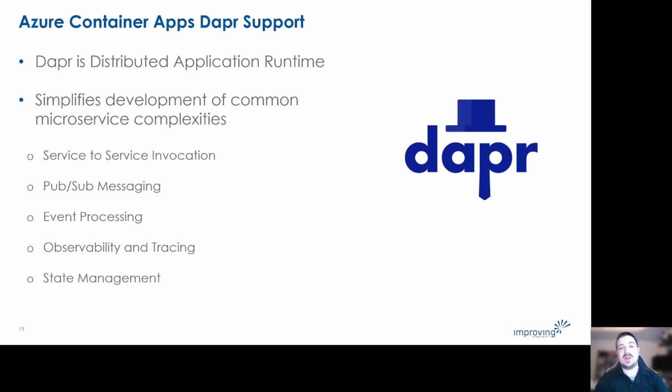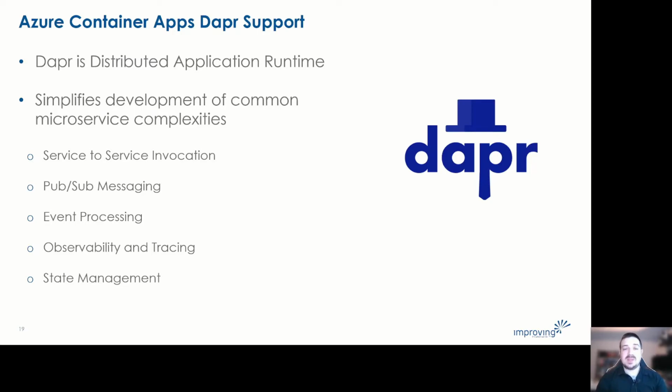The other huge advantage of Dapr is that because these different microservice complexities have been developed and abstracted, you can switch quickly between the different back-end stores or features that enable these without changing your application code. For example, pub-sub messaging. In our example today, we're going to use Azure Service Bus.